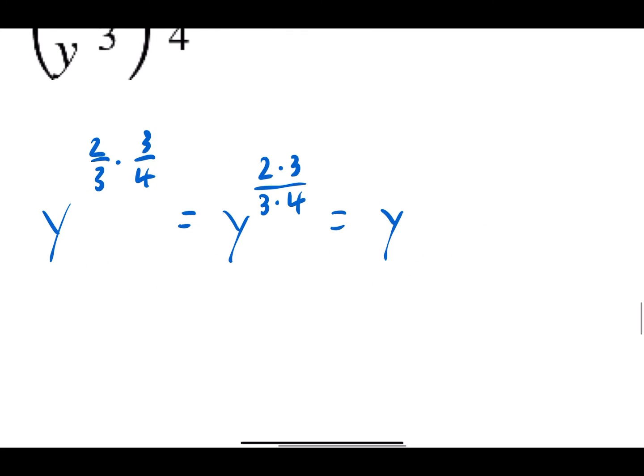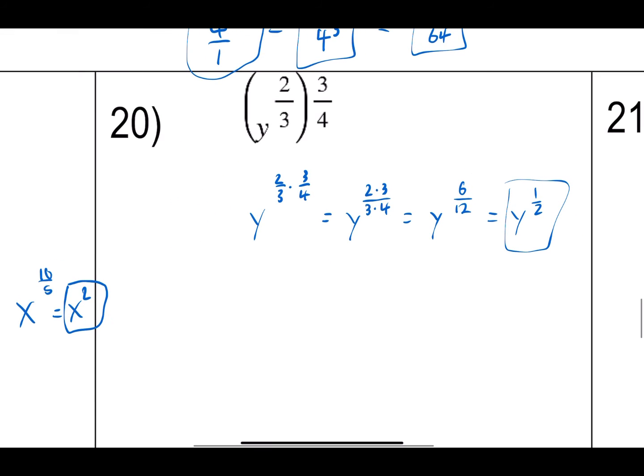Or y to the 2 times 3 is 6, 3 times 4 is 12. This happens to reduce to y to the 1/2. And we can absolutely leave our answer like that, as long as you know it's power on top, root on bottom. And this could be written as the square root of y to the first power, or just the square root of y.